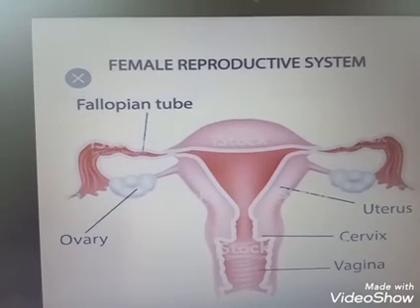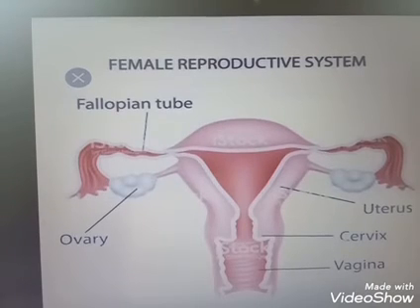Fertilization in mammals occurs in this fallopian tube. The special portion known as the ampullary isthmus region is where it occurs. Clear?